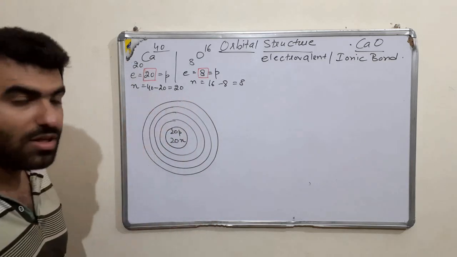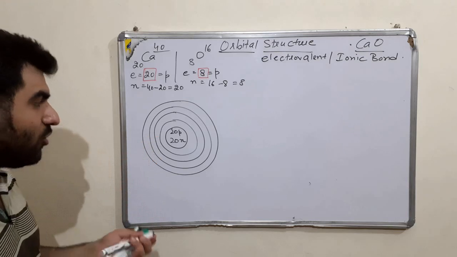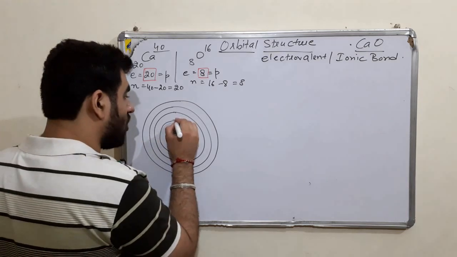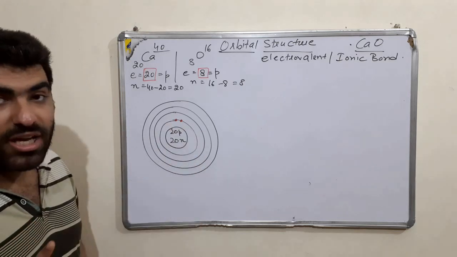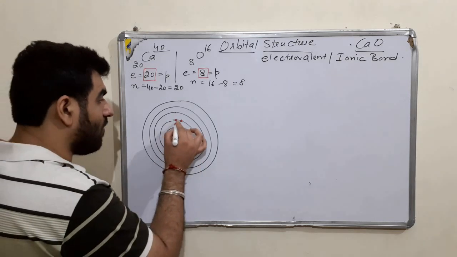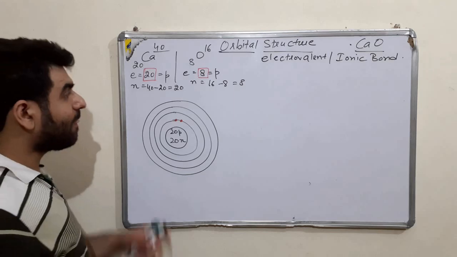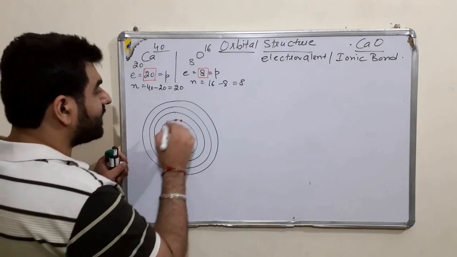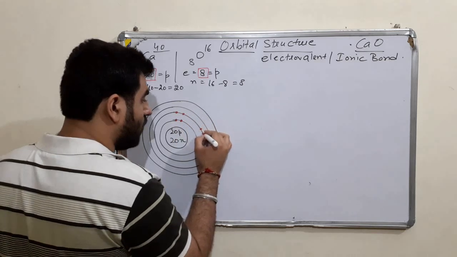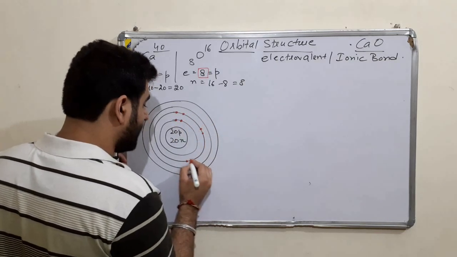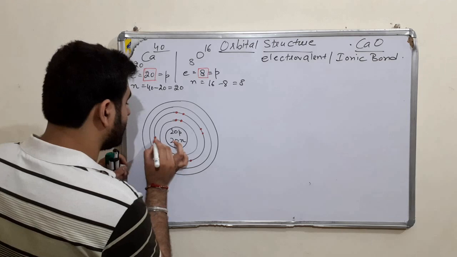On the first shell only 2 electrons. Draw them one adjacent to the other, so that the counting process is easier. Do not draw one here or somewhere else. Then 8 in pairs: 1, 2, 3, 4, 5, 6, 7, 8.